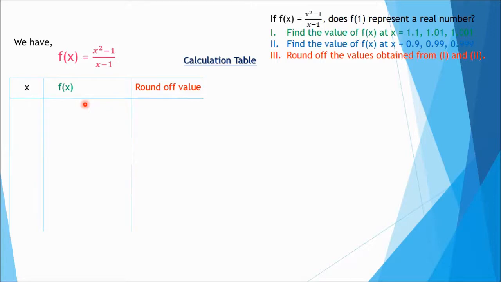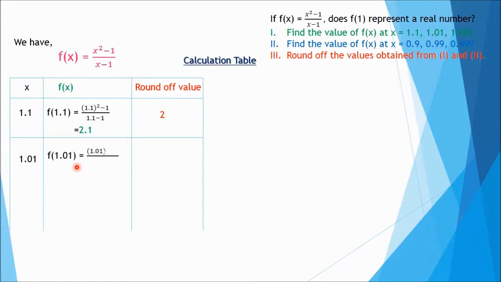First, when x is equal to 1.1, we can substitute the value of x as 1.1, and you can use your calculator. You can directly write the value, which is 2.1. Now if we round it off, then it will be 2. Now again another value, 1.01.